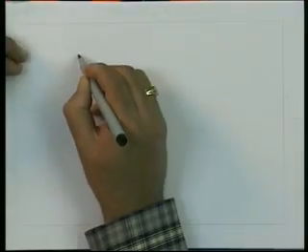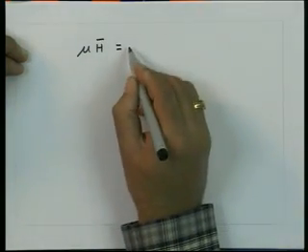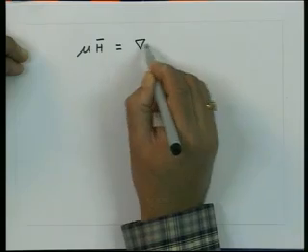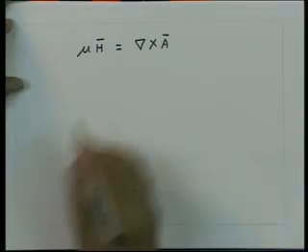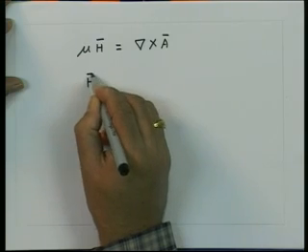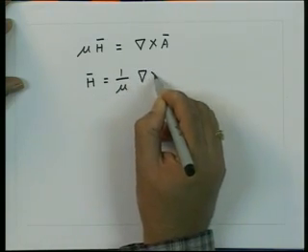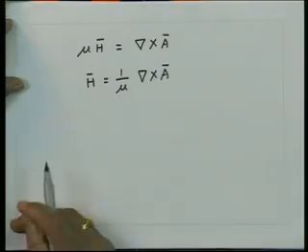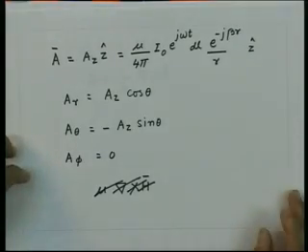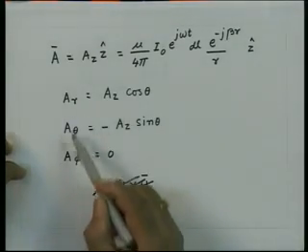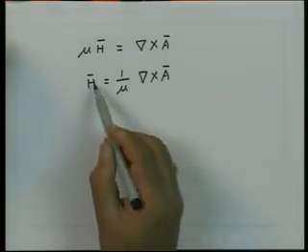We can use mu times H, which is B, is equal to del cross A, or the magnetic field H is 1 upon mu del cross A. So, once I know these components of the vector potential A r, A theta, A phi, then I can substitute into this and get the magnetic fields.